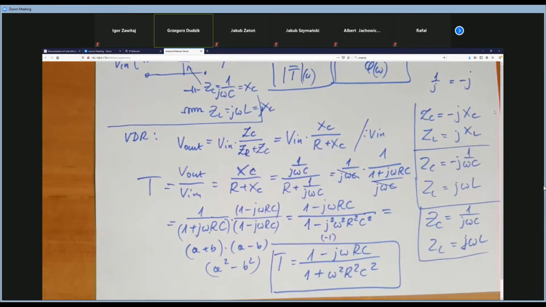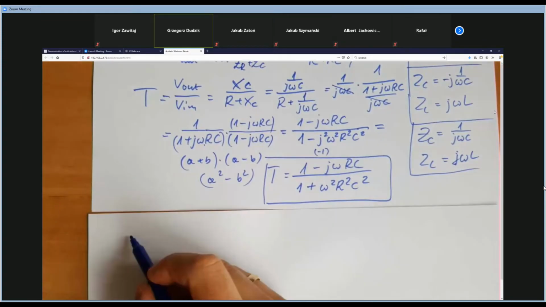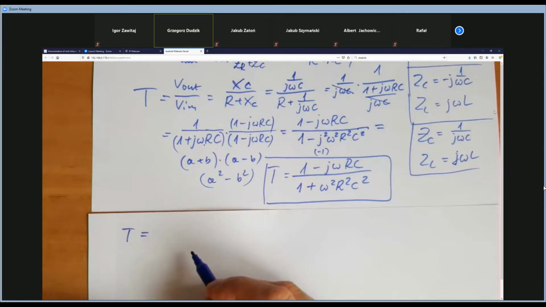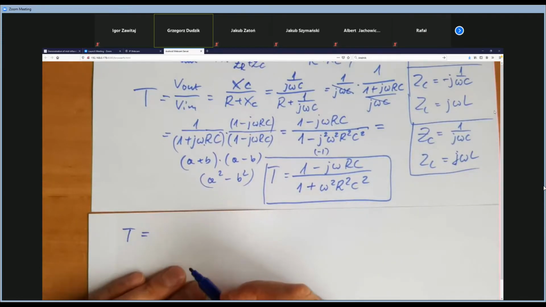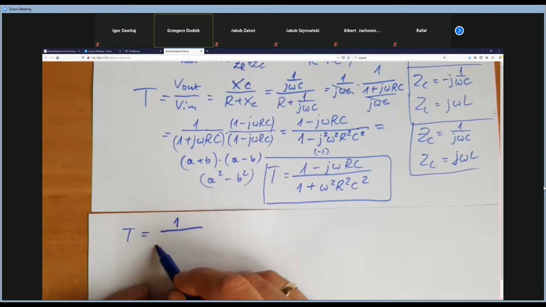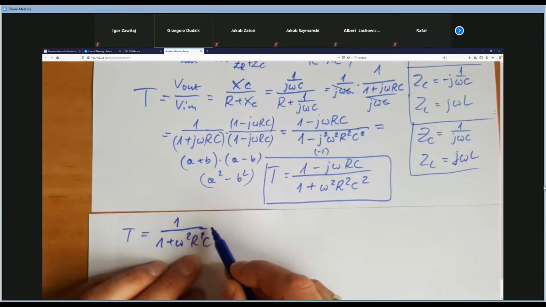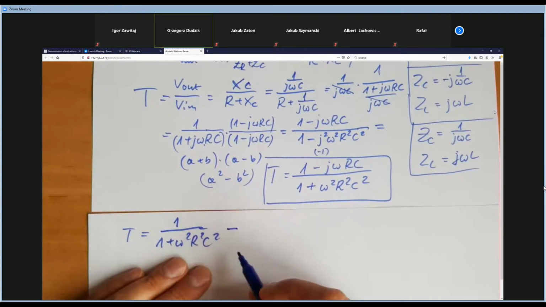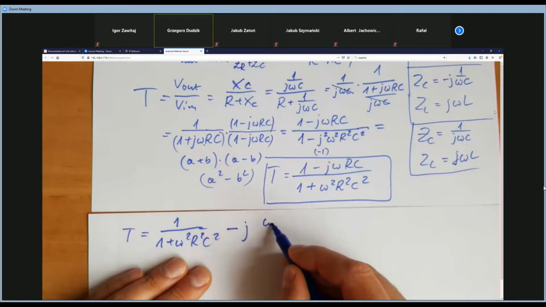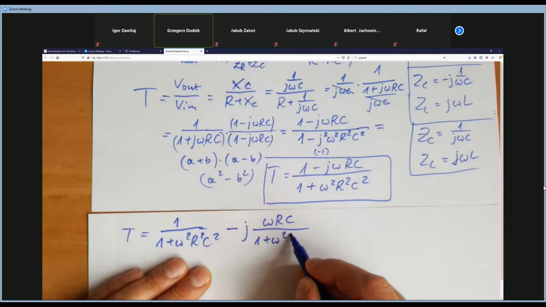Okay, I have to take another piece of paper. And the transmittance can be expressed in that form: 1 over 1 plus omega squared R squared C squared, minus j omega RC over 1 plus omega squared R squared C squared.